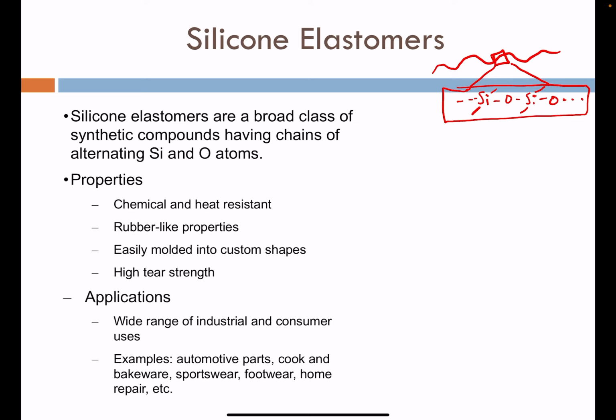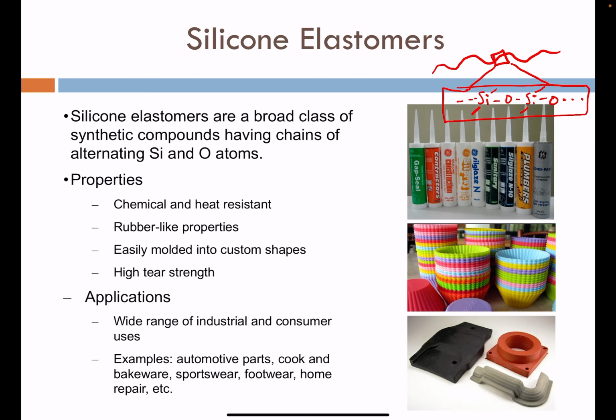Applications that exploit these properties include a wide range of industrial and consumer uses, some of which are listed here, such as automotive parts, cookware, bakeware, sportswear, footwear, and home repair.